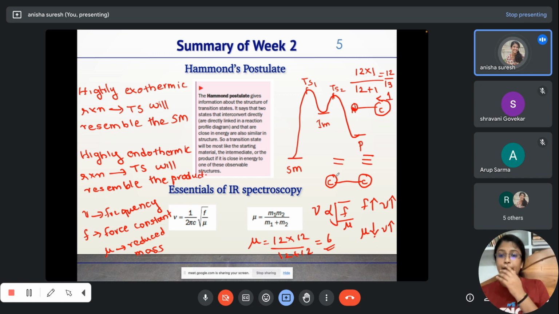What we have to keep in mind is, if the force constant is increasing, the frequency will be increasing, and if the reduced mass mu is decreasing, then the frequency will be increasing.